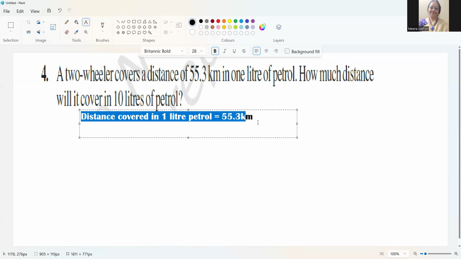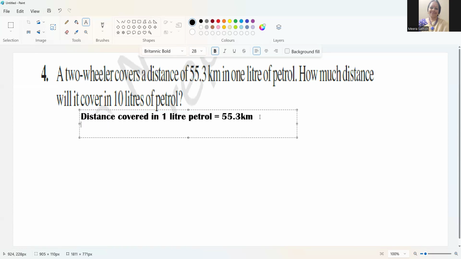Now, distance covered in 10 liters of petrol is equal to, what you have to do?